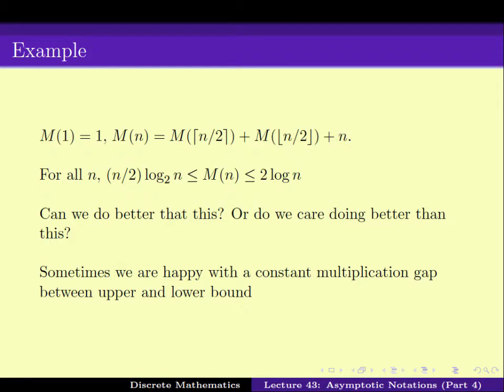Sometimes we are happy with a constant multiplication gap between the upper and lower bound. Now, once we have something like this, we would like to say that M(n) is actually something like n log n. To formally put it, we have to compare these functions, M(n) versus n log n.